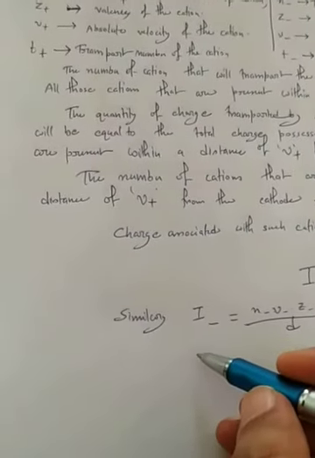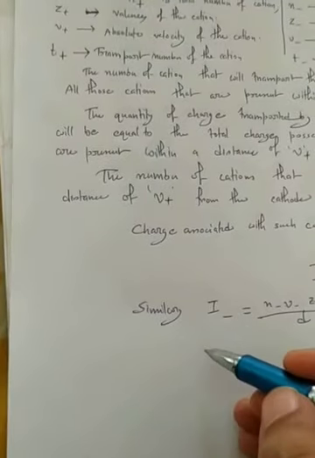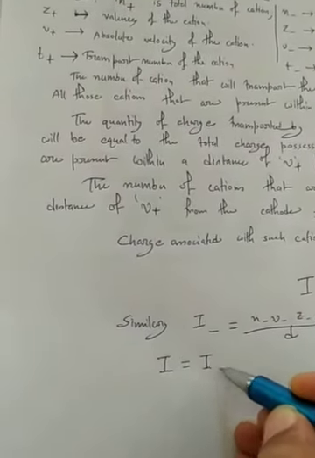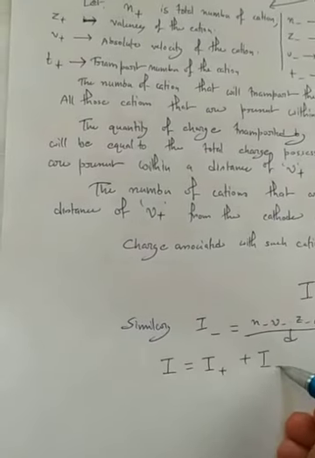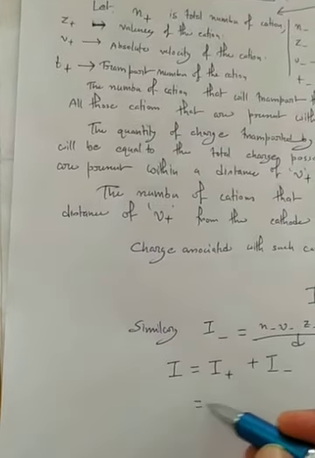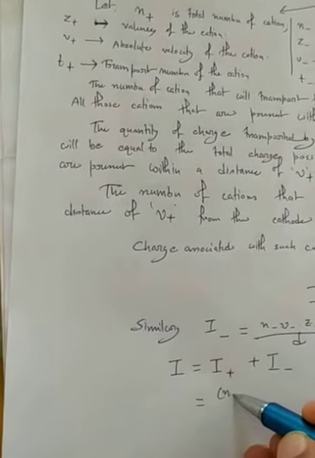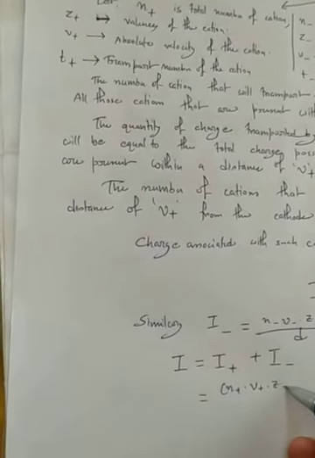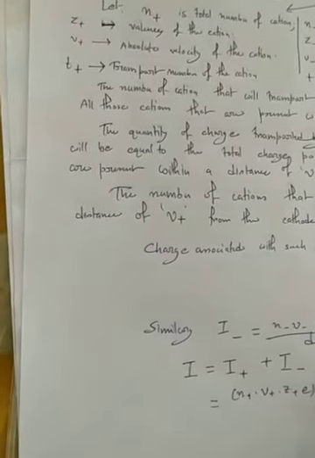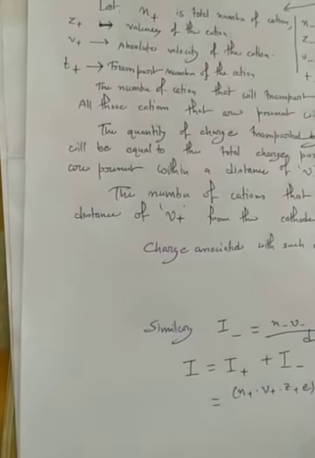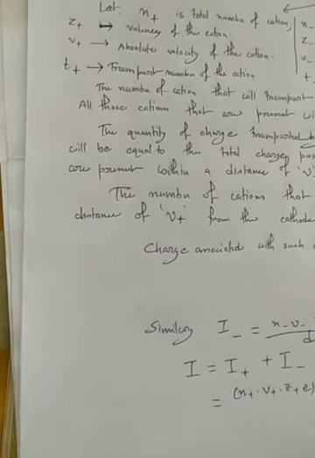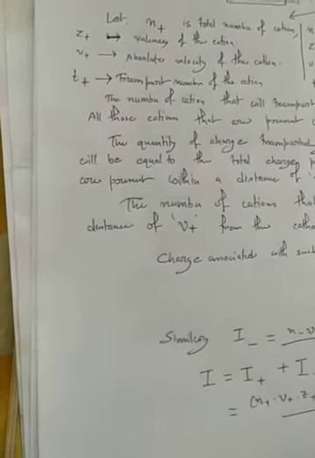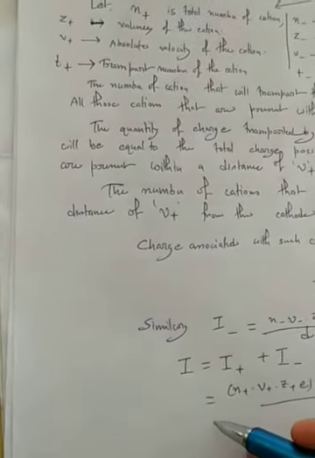Now the total charge transported is equal to I plus I minus, which is equal to the sum of these terms divided by D.